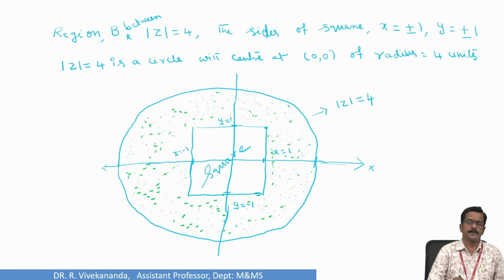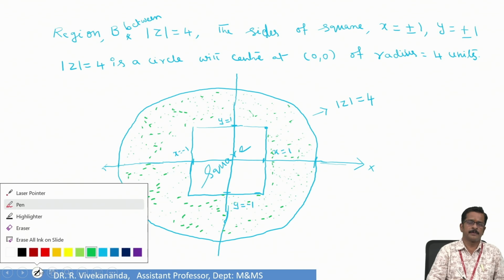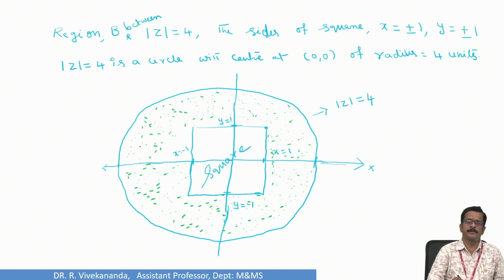So like this you shade the region. This region is said to be B, this shaded region.